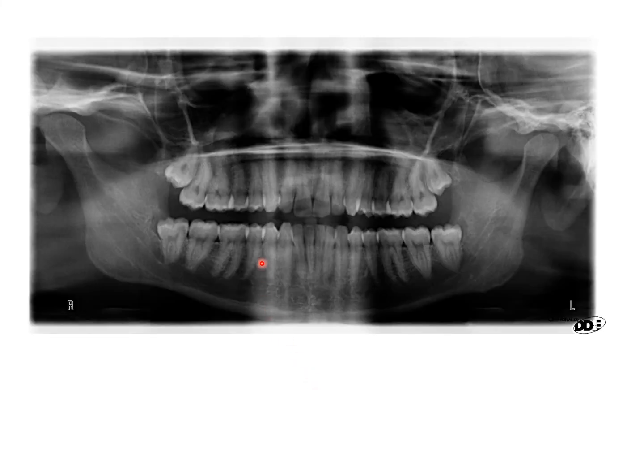Finally, towards the end of the presentation, we can see the limitations of OPGs because they provide a 2D view of a 3D object such as a tooth.